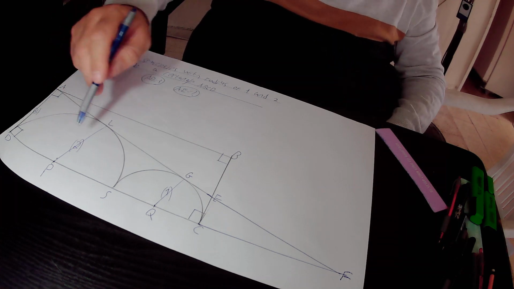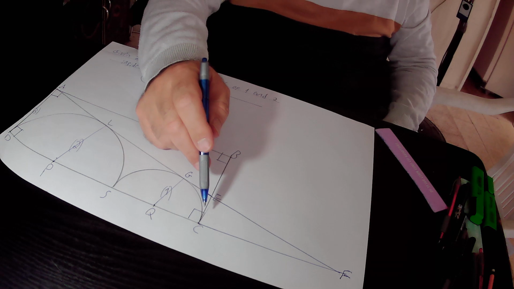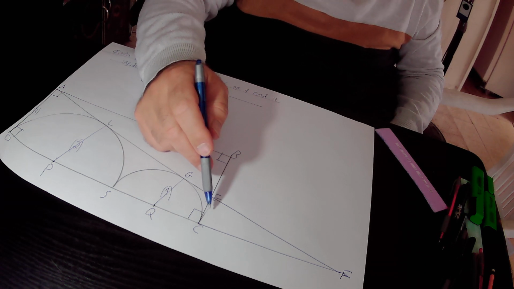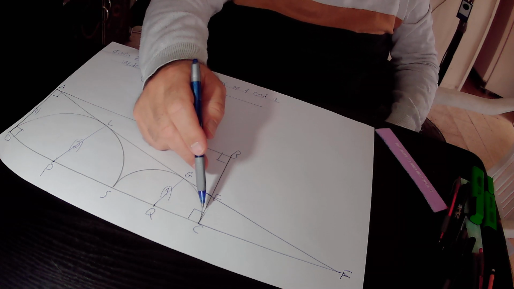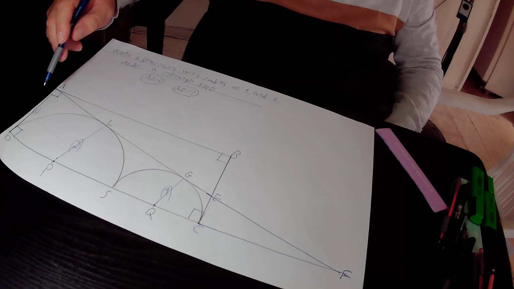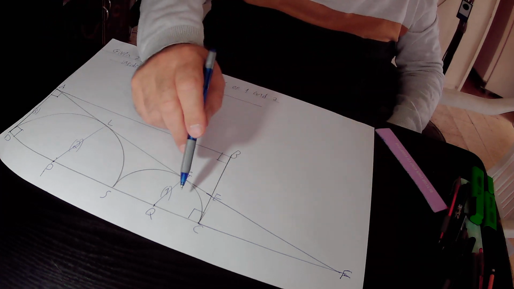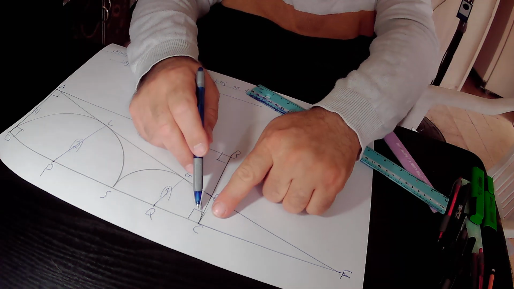If we focus on the upper side of this straight line DF at point C, here the sum of the angles must be equal to 180 degrees according to rule 3 that states that the sum of the angles on one side of a straight line is equal to 180 degrees. So which angles do we have at the upper side of DF at point C? We have this angle, that is a right angle, plus this missing angle.